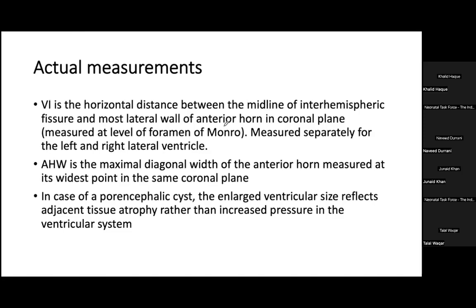Anterior horn width is the maximum diagonal width of the anterior horn measured at the same point, at the widest point, in the same coronal plane. Sometimes it is very difficult when there is a porencephalic cyst. The enlarged ventricle reflects tissue atrophy rather than increased pressure.